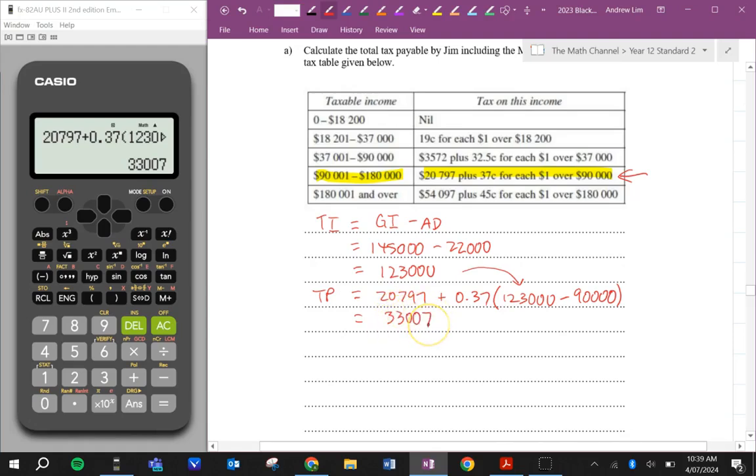33,007. The Medicare levy is 2% of the taxable income. We said the taxable income is 123,000.